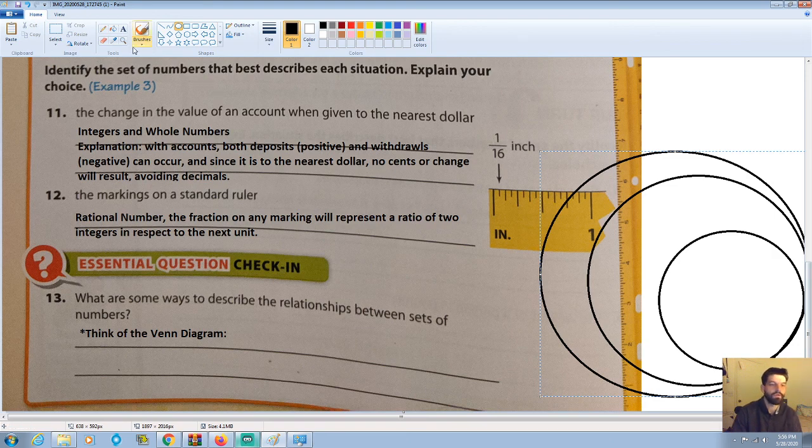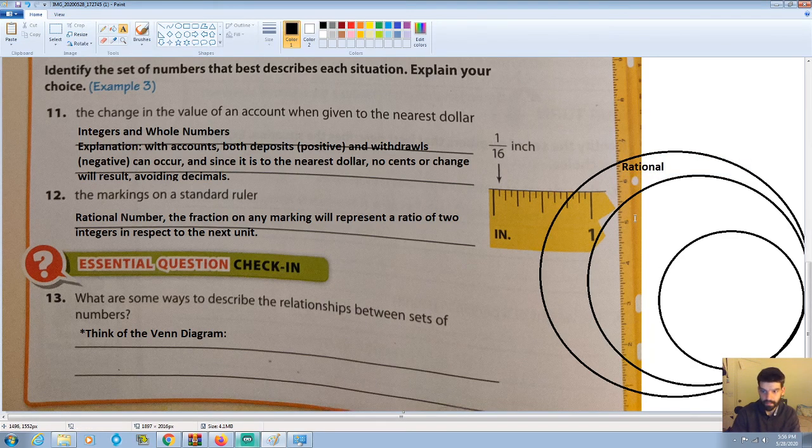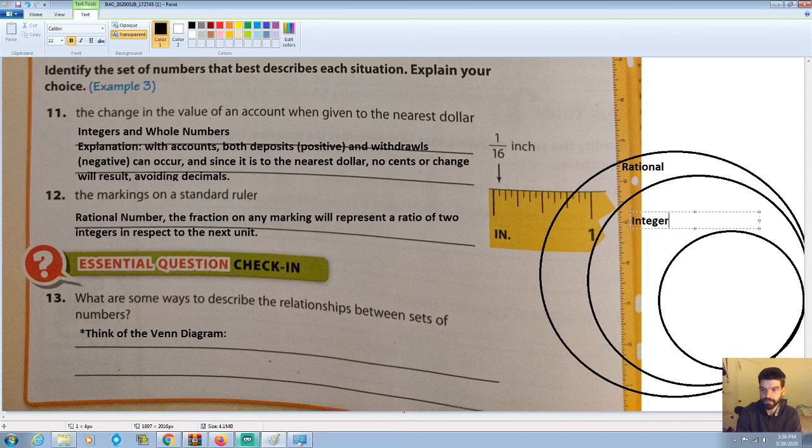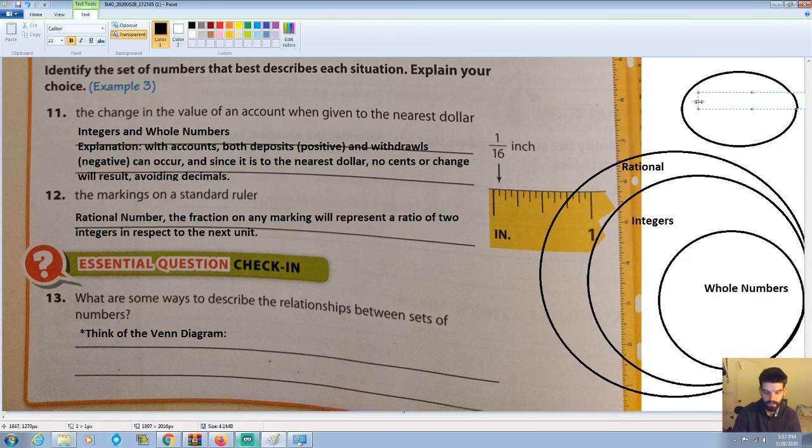At the very edge, you're going to have your rational numbers. Here you're going to have your integers, and here you're going to have your whole numbers. And then over here, in its own category, are going to be your irrational numbers.